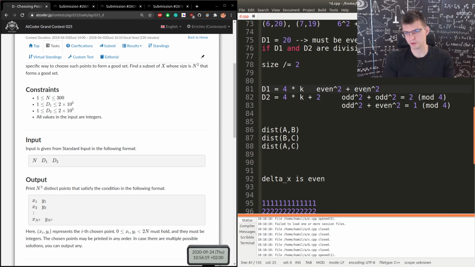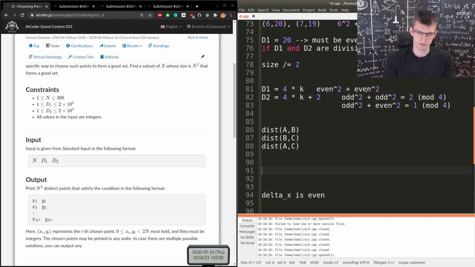But if I take point 0, 0, and then I take point 3, 7, any other point will be in bad relation to one of them in terms of parity.